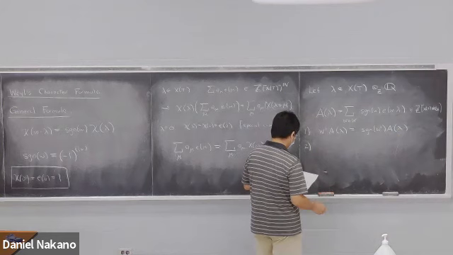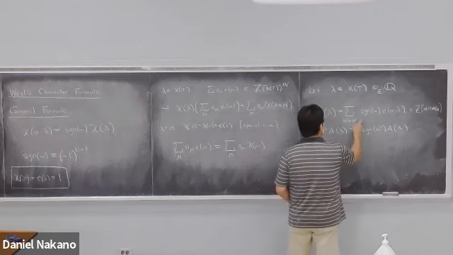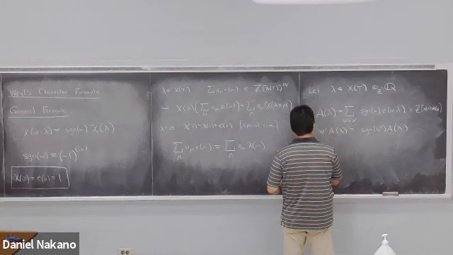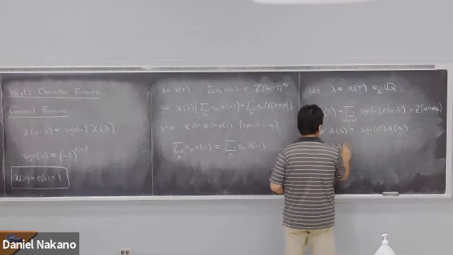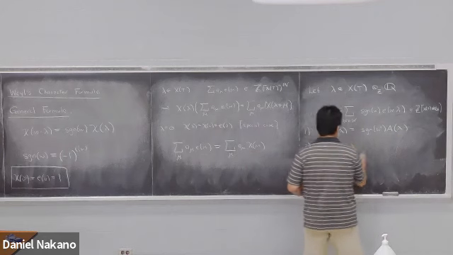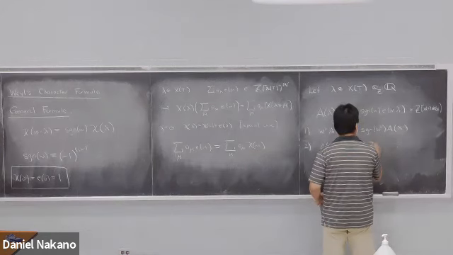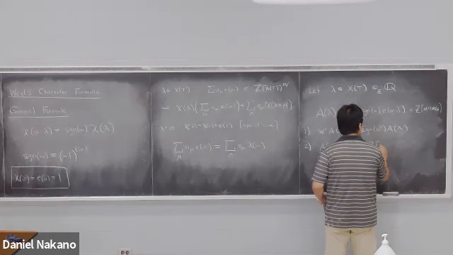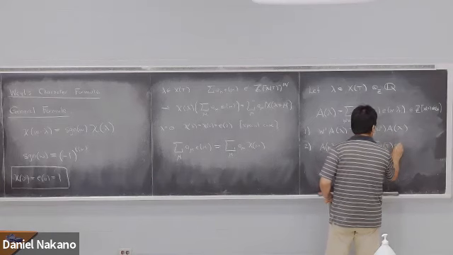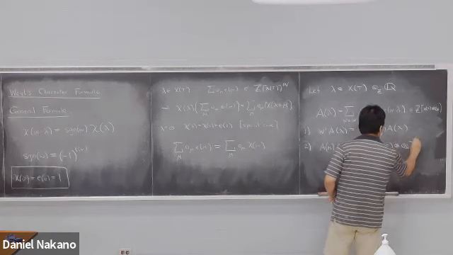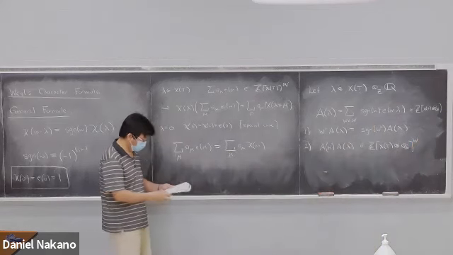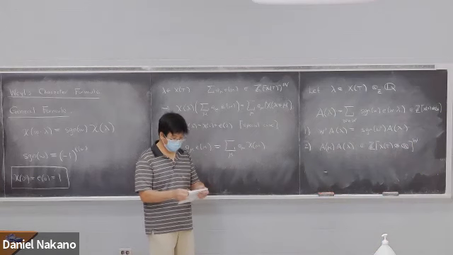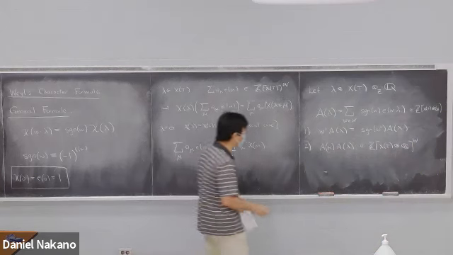Suppose you take two of these things. If I take a mu and a lambda, then you get something which is invariant under the action. So the way you can see that is as follows.